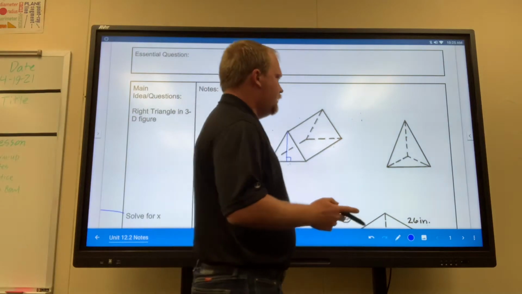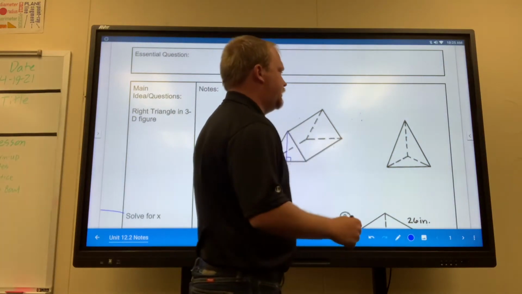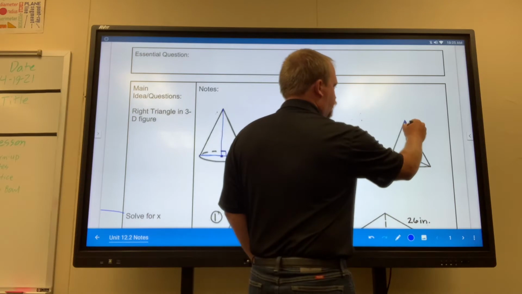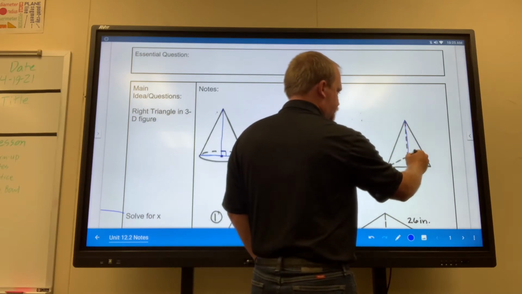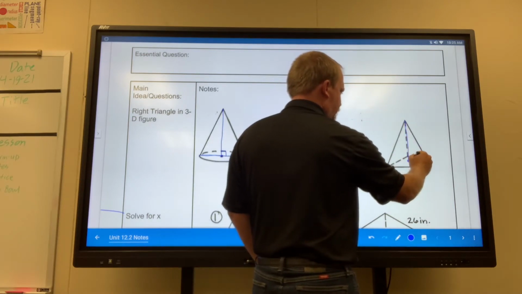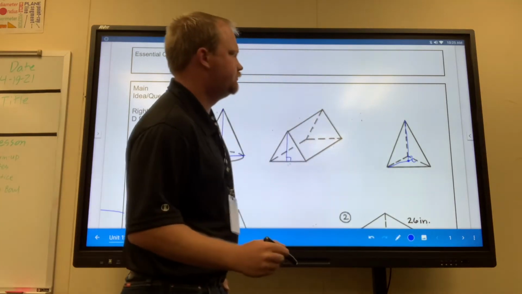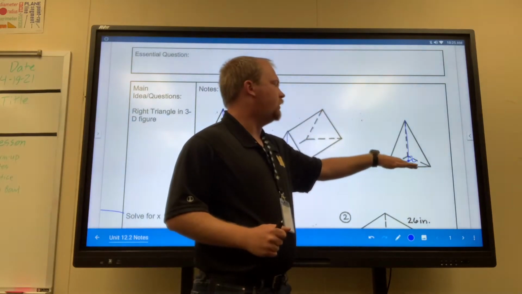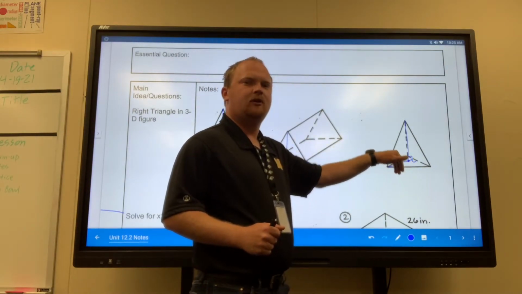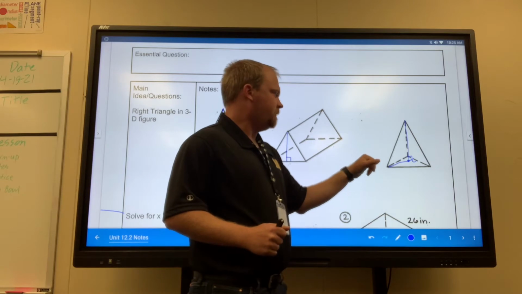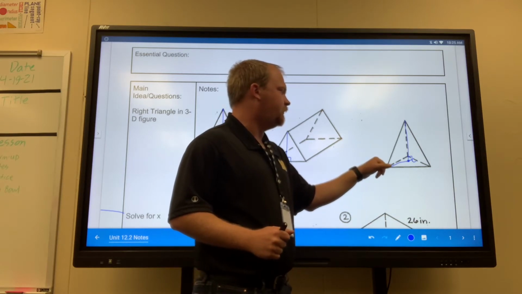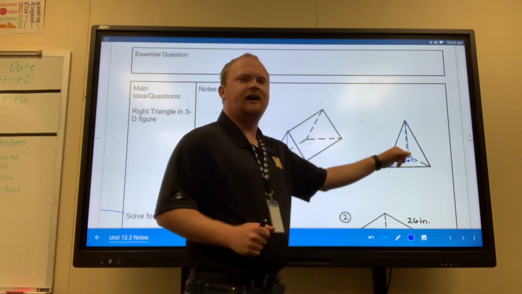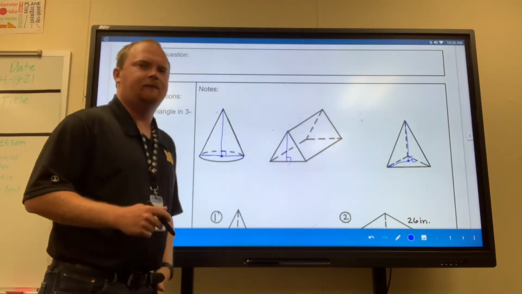Also, I can go straight down across to the center of that base, and I can go from this vertex to the side to find the height of the base right there.